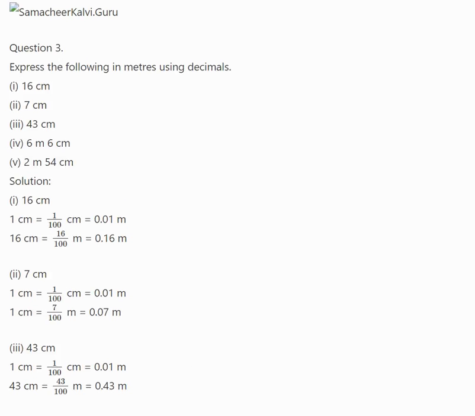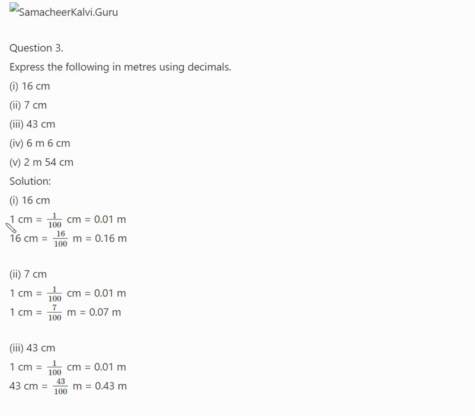Third question, express the following in meters using decimals. The given questions are in centimeters, so we have to convert this centimeter as meters using decimals, right? So as usual, 1 meter equal to 100 centimeter, isn't it?